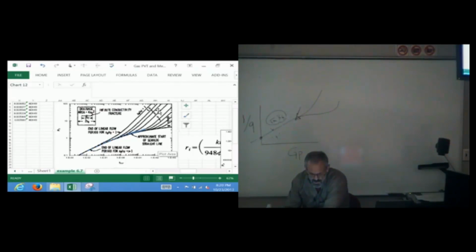Okay, 1.5, 2, 3, 5. It's starting to travel up the stem based on my match here of x sub e over x sub f equal to 1.